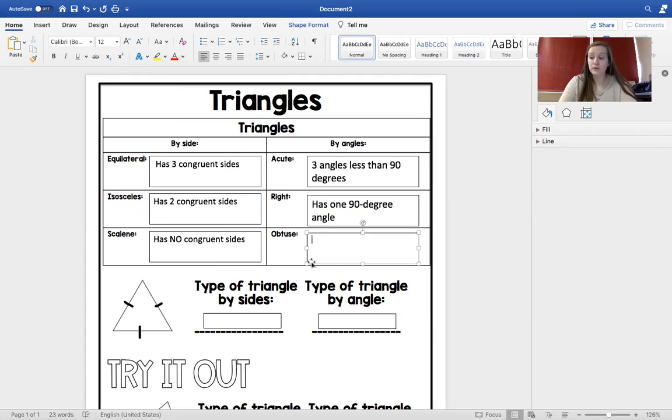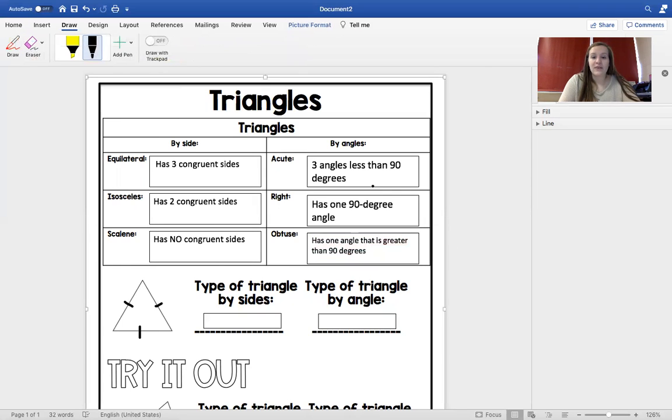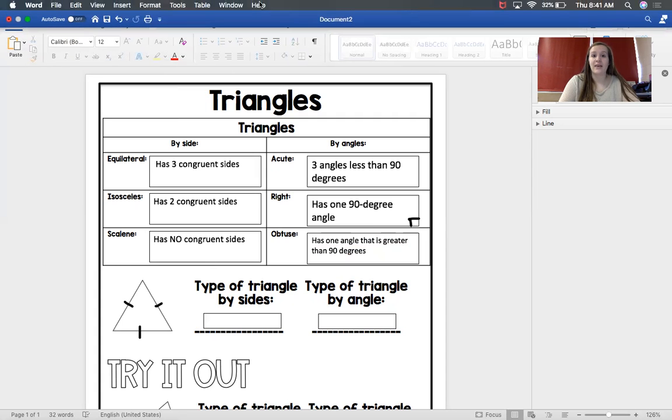An obtuse triangle has one angle that is greater than 90 degrees. So an obtuse triangle has one of its angles that is greater than 90 degrees. Now let me show you really quickly. This angle is a right angle, and I would show you by putting a little square in the corner, and that is how you represent a right angle, okay?